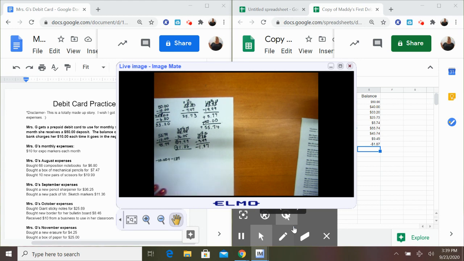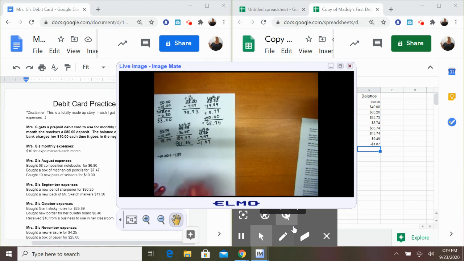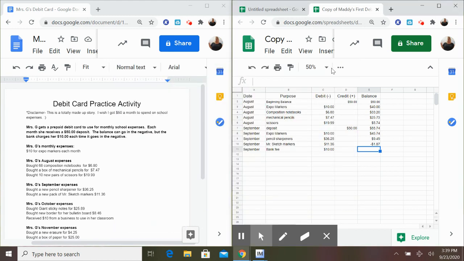That's what that would look like if we wrote it like we've been writing it. So my signs are the same, which means I'm going to add. So $10 plus $1.87 equals $11.87, and my largest absolute value is negative. So now I am in the negative $11.87. Oh man, that happened quickly, didn't it?